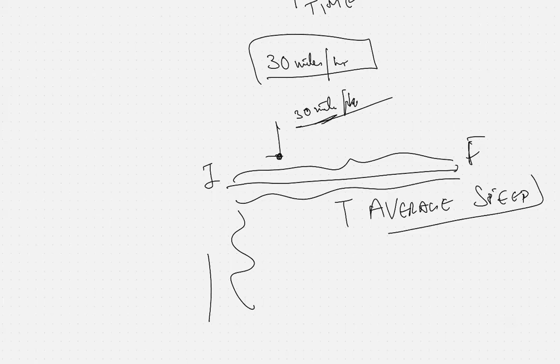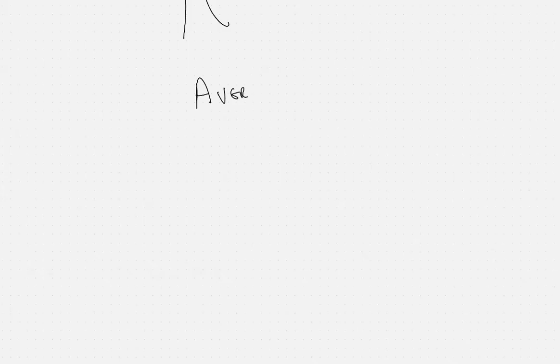To explain further, let us say average. I gave you an equation first to find the average velocity: you add the initial and final together and then divide by 2. You can do that. But otherwise, average speed is given as the distance traveled divided by the time of the entire travel.